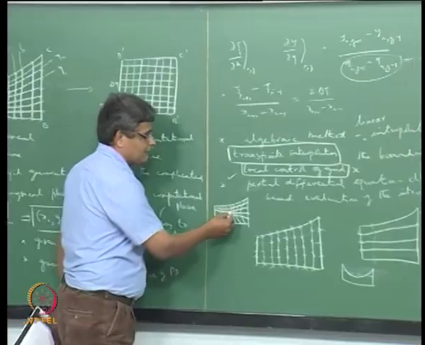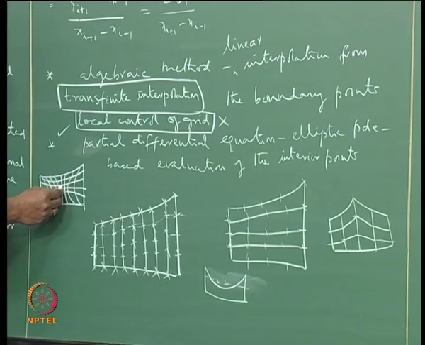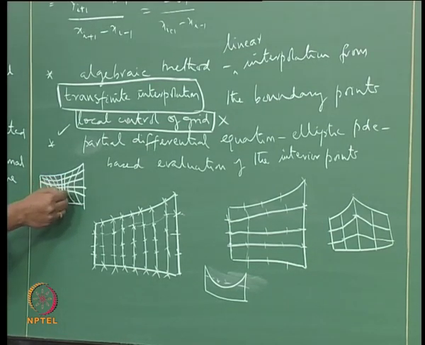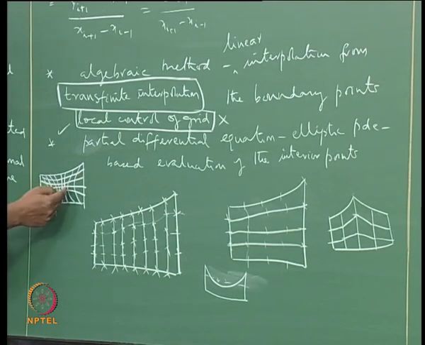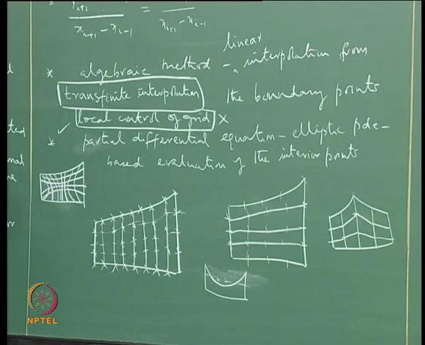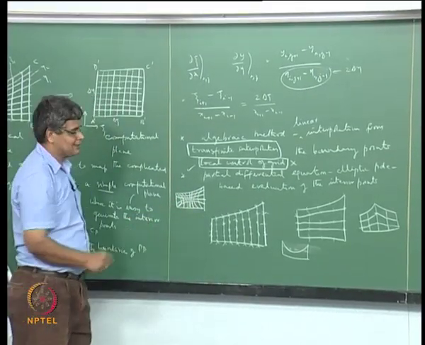Now if we want to have local grid control, we can do that by making these points attract. For example, if one were to imagine these to be constant temperature lines, and the contour lines are spaced together, that means that the gradient is high. For example, there can be a source of heat here or a sink of heat.